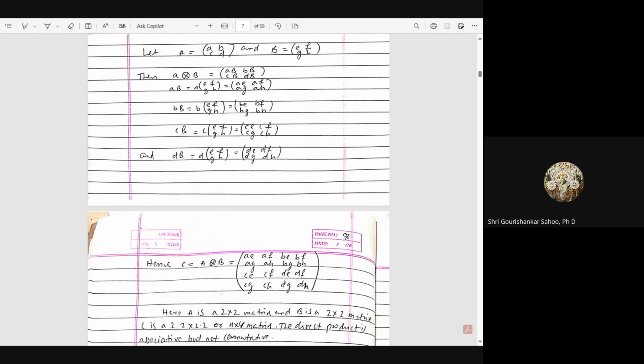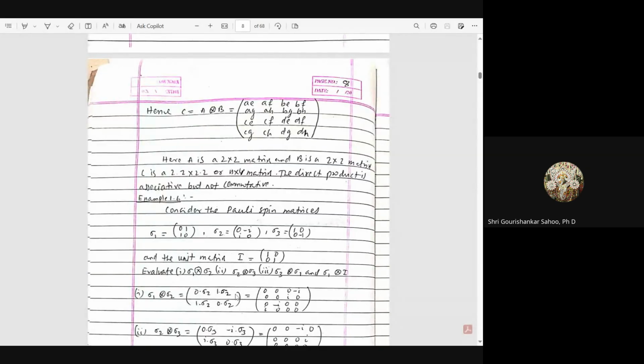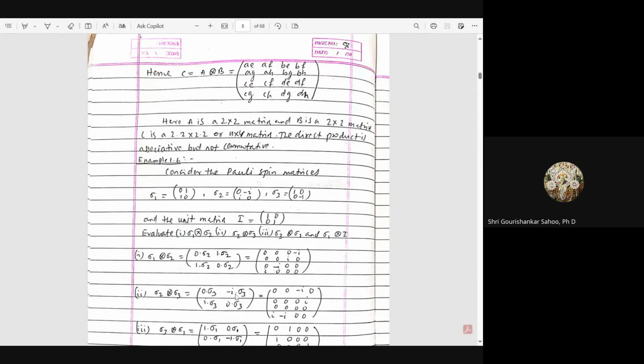Similarly, your cB will be placed in the lower left-hand part: ce, cf, cg, ch. Similarly, dB is equal to de, df, dg, dh, which can be the lower right-hand part. Okay, so you can place them like this. You can evaluate aB, bB, cB, dB, and place them in a matrix format, and you will have C equal to the Kronecker product of A and B.